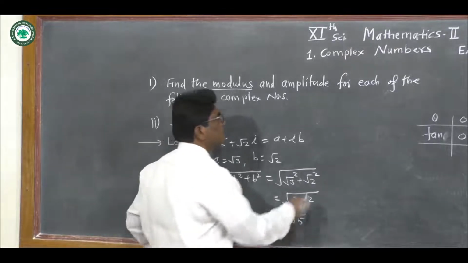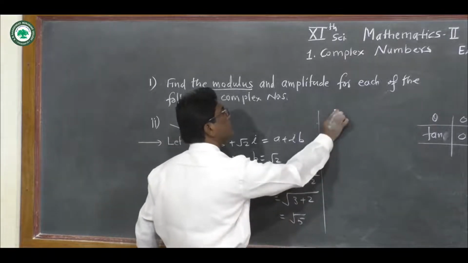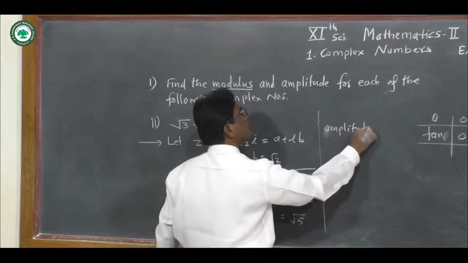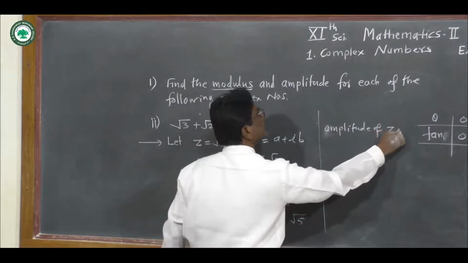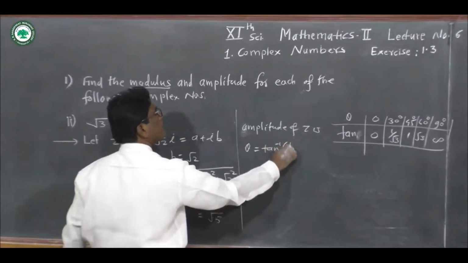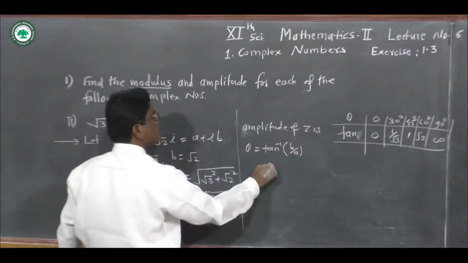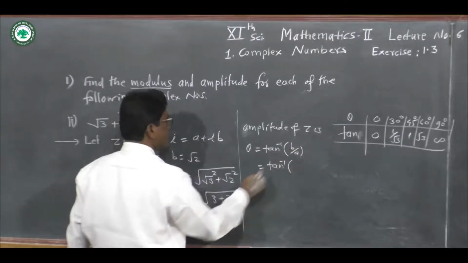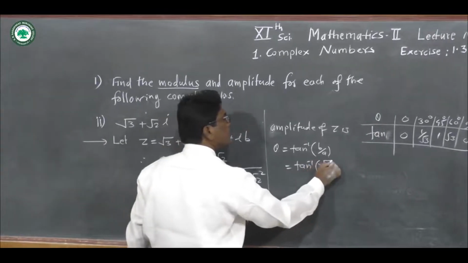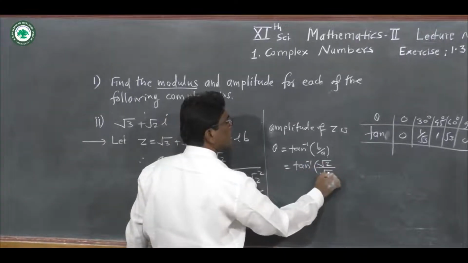Now we find the amplitude. So the amplitude of z, theta, is equal to tan inverse of b upon a. So it is equal to tan inverse of, we put the value of b as root 2, divided by a, root 3.